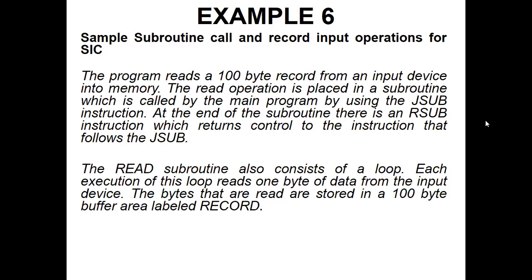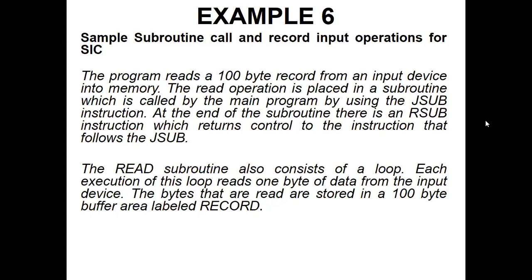Otherwise, if you have been with us, we said that the simple instruction computer has got two versions, the simple SIC and the XE. So we can have the simple SIC instructions where we said that such instructions have got only one format. The operand is always an address.